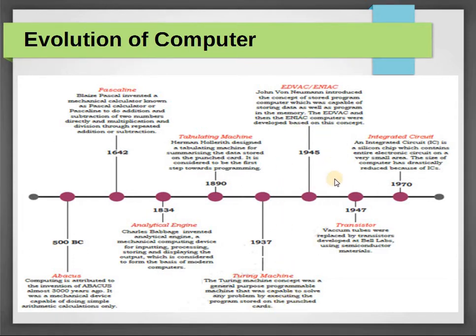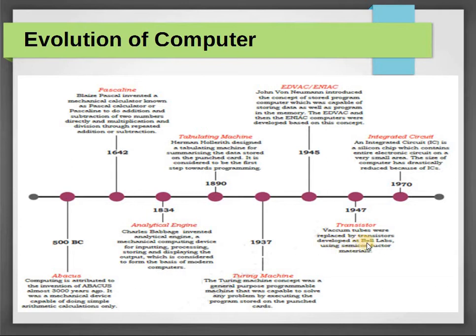Then in 1945, John von Neumann introduced the concept of the stored program computer, which was capable of storing data as well as program in the memory. The EDVAC and ENIAC computers were developed based on this concept. Then in 1947, vacuum tubes were replaced by transistors.